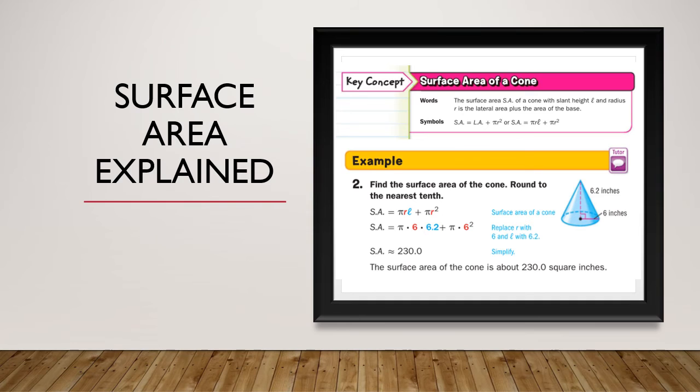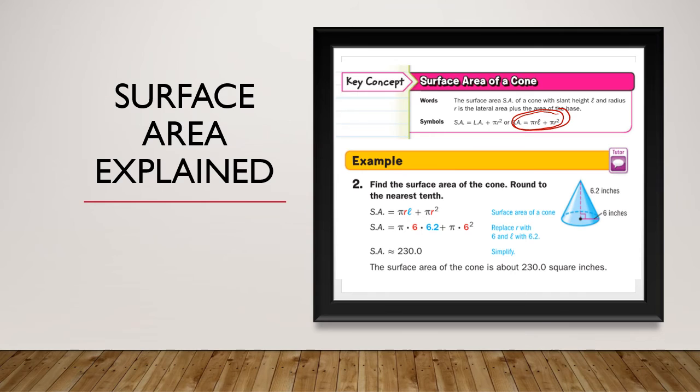Surface area explained. We're going to use actually this equation right here for the surface area. It'll be on the next slide as well when I go through some of the examples. Under this example, we're going to once again round to the nearest tenth. So we have our cone off to the right there. We have 6.2 inches as the slant height, and we have 6 inches as the radius.